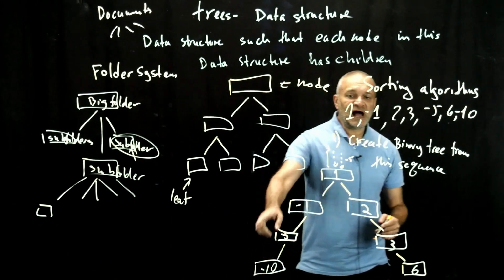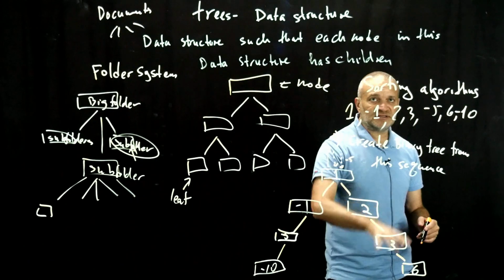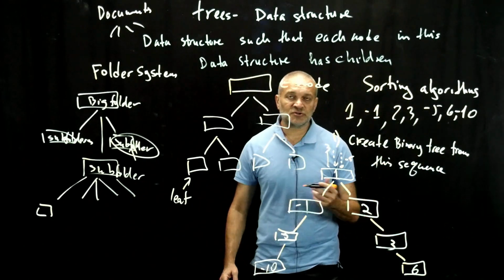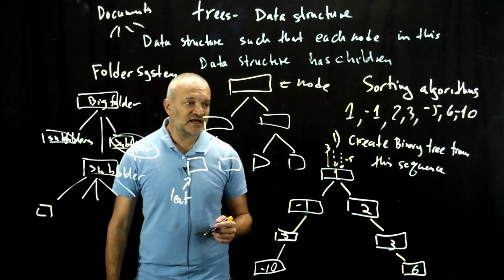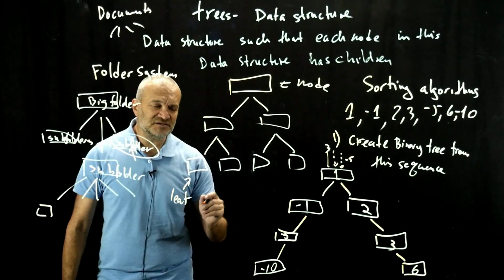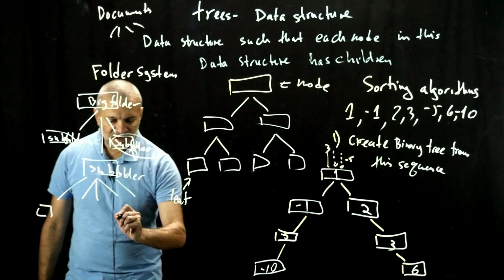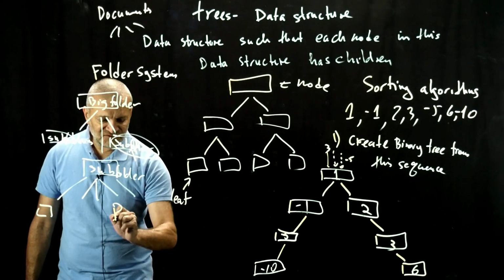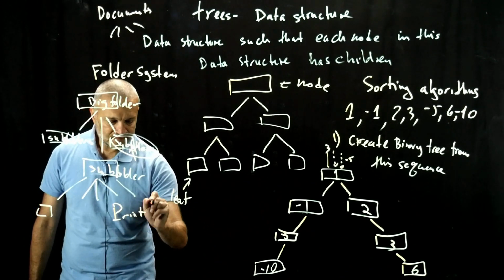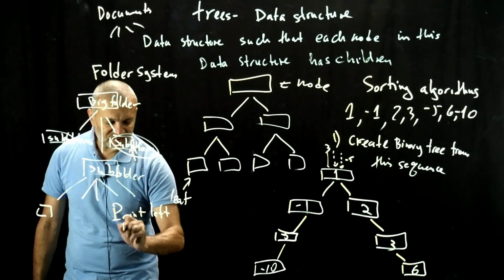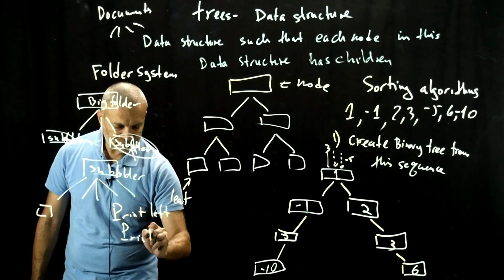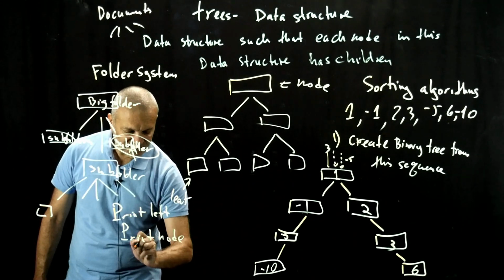Now, using this, it's very easy to sort. It is called depth-first search. You have something like this: print left, print node, print right.